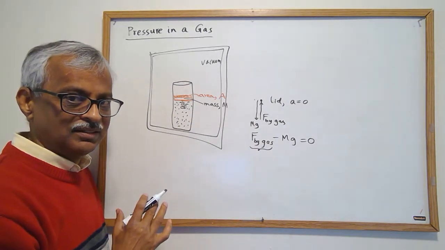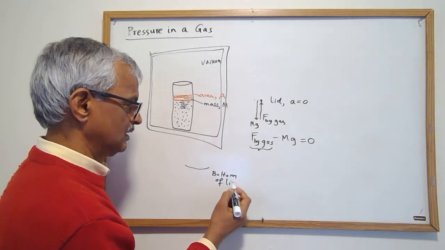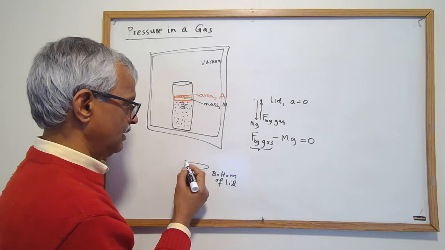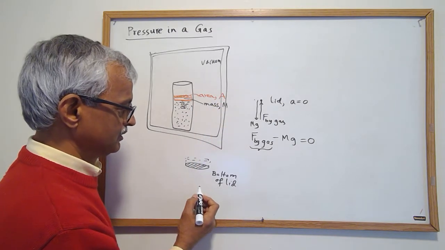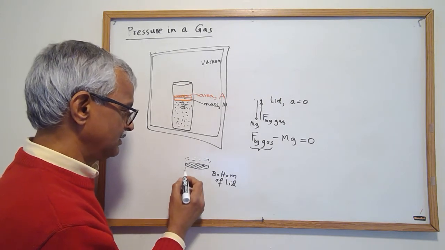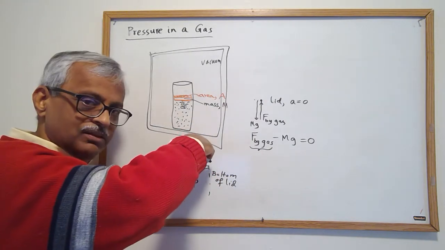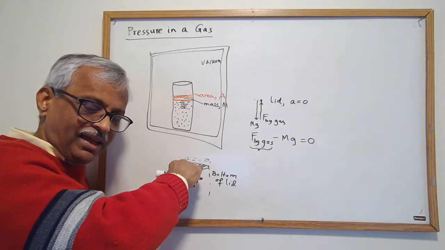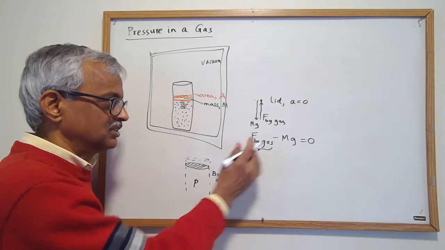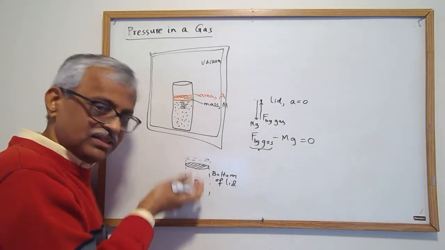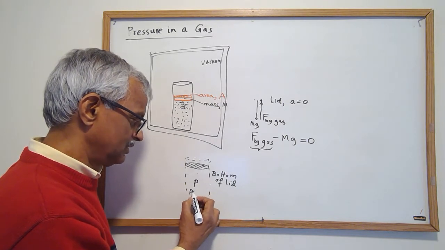So the way we account for that is we say, this is the bottom of the lid, the top is over there, bottom of the lid of area A, we say there is a pressure, the gas pressure is P. So the lid is actually pushing down on the gas because of its weight, there's a reaction force by the gas, and that causes a stress in the gas, and that stress is what we're going to call pressure P. So this is the pressure of the gas is P.